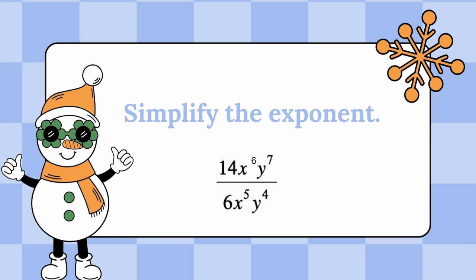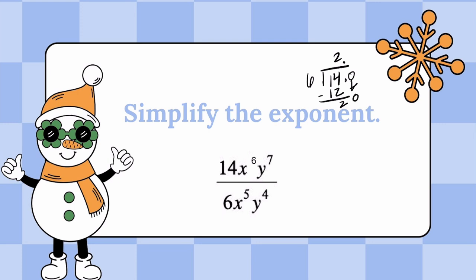Okay, simplify the exponent. So we'll start with 14 divided by 6. Six goes into 14 twice. Multiply 2 times 6 and I get 12. 14 minus 12 is 2.